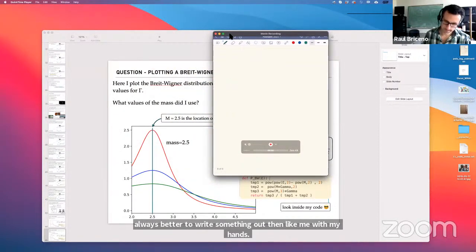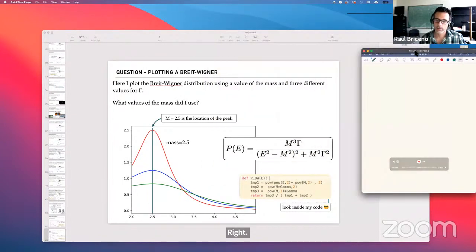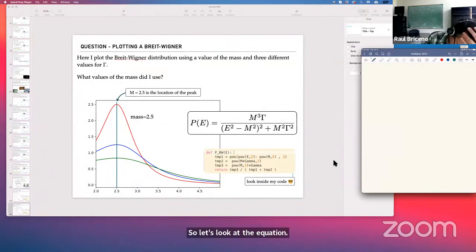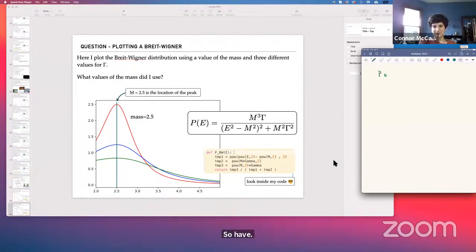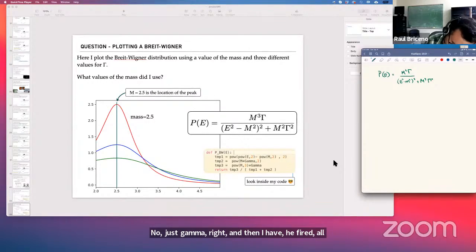All right. So let's look at the equation. I have P(E) equal to M^3 gamma, no, just gamma, and then I have (E squared minus M squared) all squared plus M squared gamma squared.